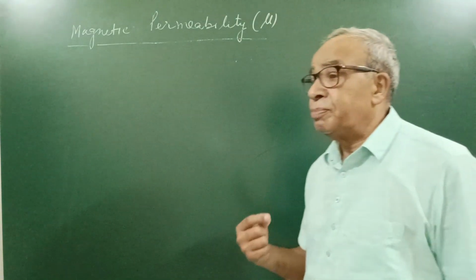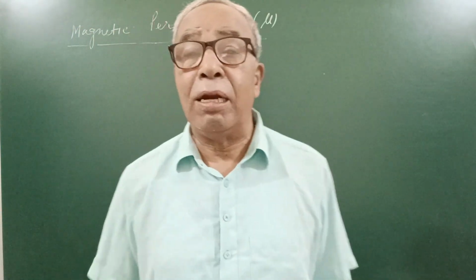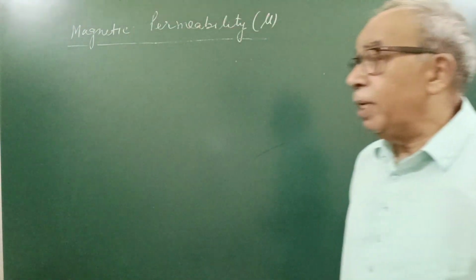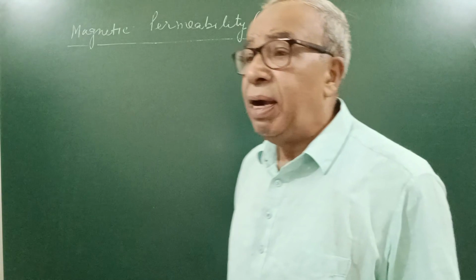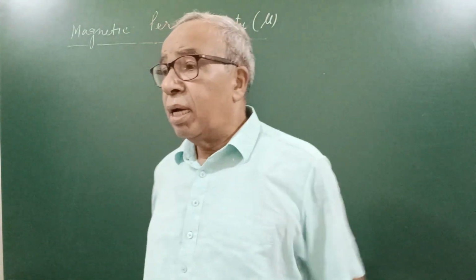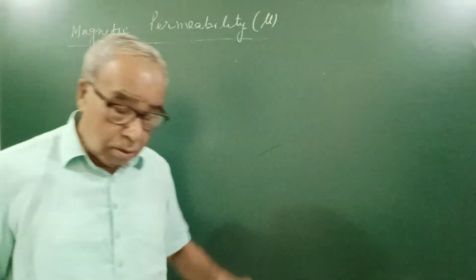Permeability means to allow something to pass through any material. So when we place any magnetic material in some magnetic field, the field lines are either attracted or allowed to pass through them, or they are not allowed to pass.